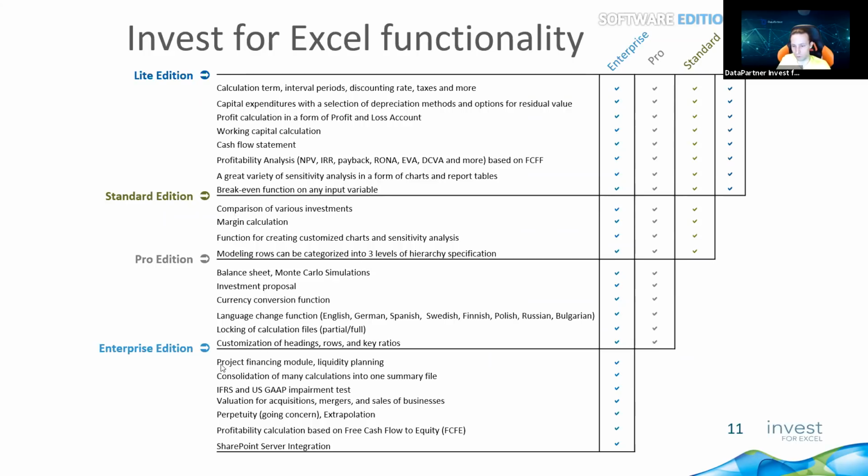Just to give an idea, Enterprise is the most advanced, most expensive version, and it has things such as the financing module, consolidation, impairment test, valuation, perpetuity as a residual value option, extrapolation for valuations, free cash flow to equity, point of view calculation, and so on. Basically, Pro, for example, has everything else except for those functions.